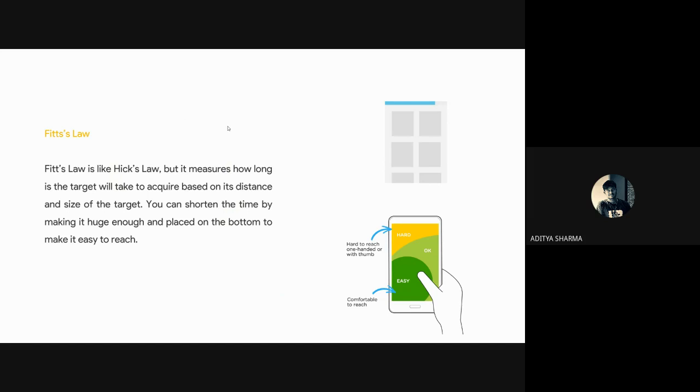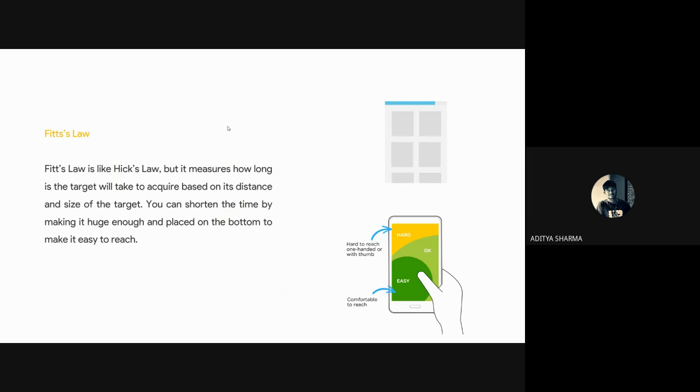And there are two parts of Fitts's law. The first thing is how big or small the target is, and how near or far the target is from your finger. You can understand that with the help of this diagram on the screen, which shows easy, okay, and hard to access areas.